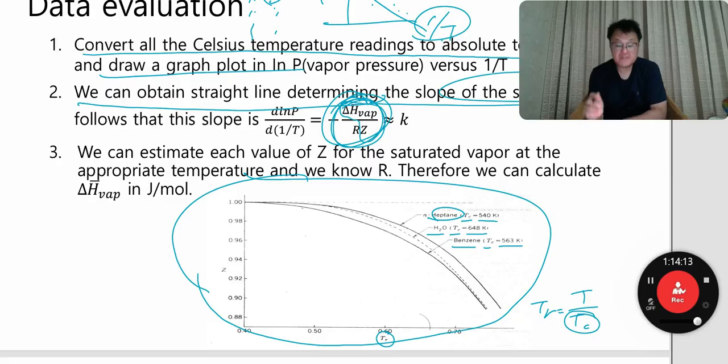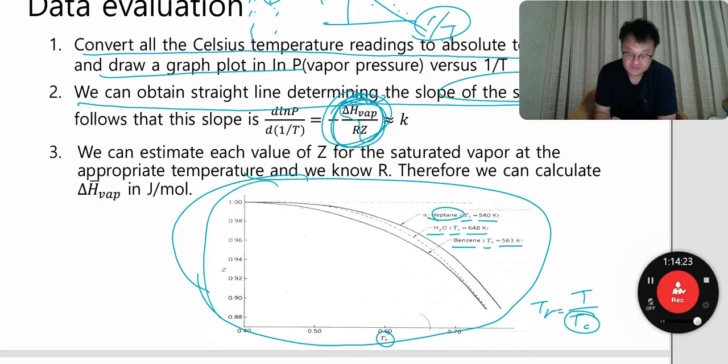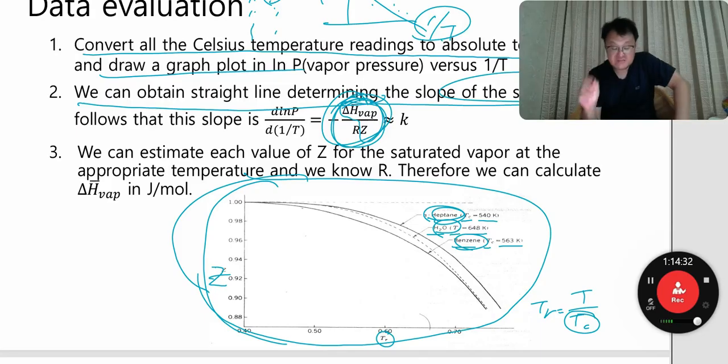So for a given temperature, Z is determined from this plot, which shows how Z changes as a function of TR for all three different liquids. The given temperature can be converted into the reduced temperature for that substance, and then the Z value for that reduced temperature can be determined from this plot.